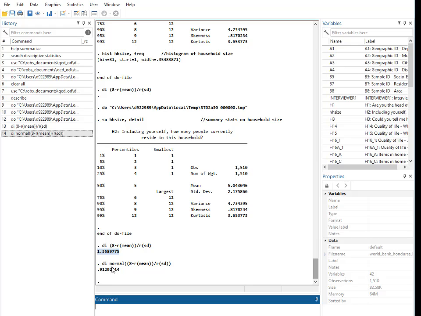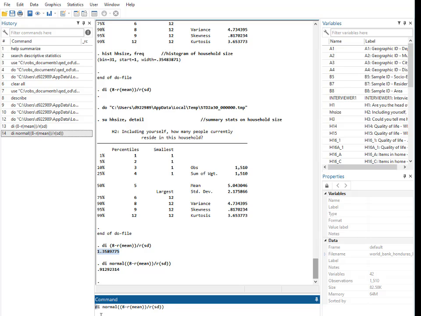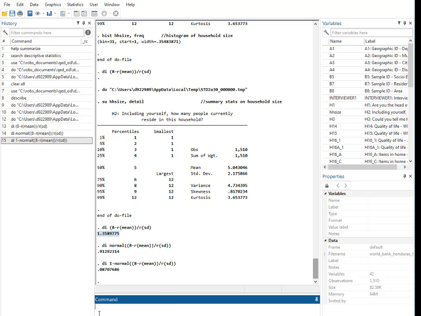So if I build it up bit by bit, I need to have 1 minus that, so only 8.7% is greater than that.